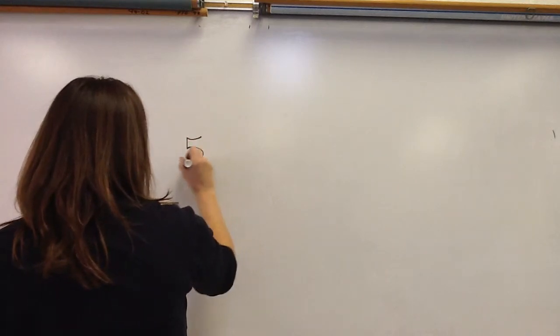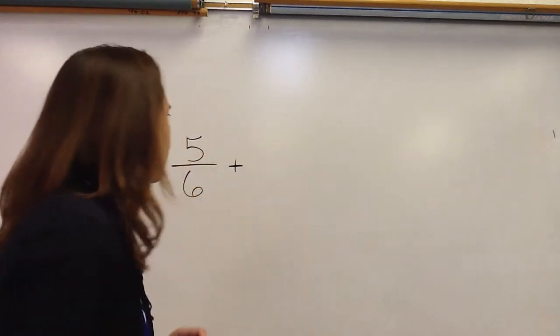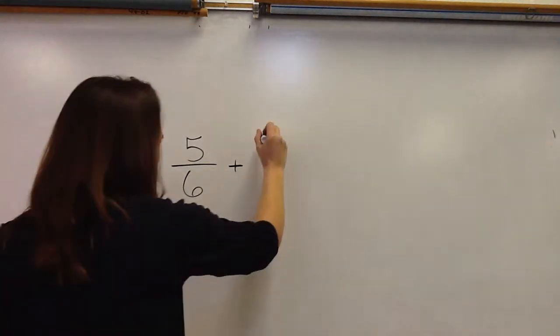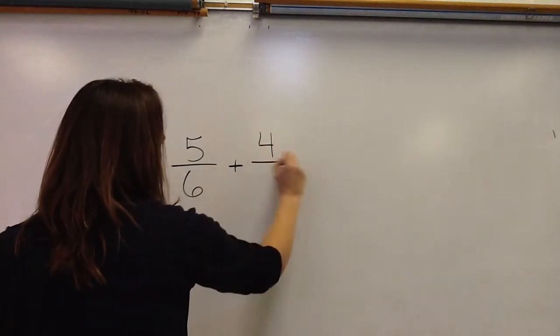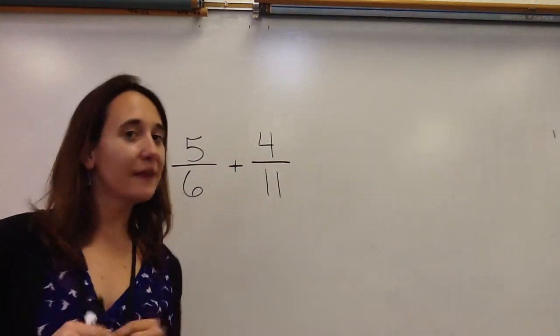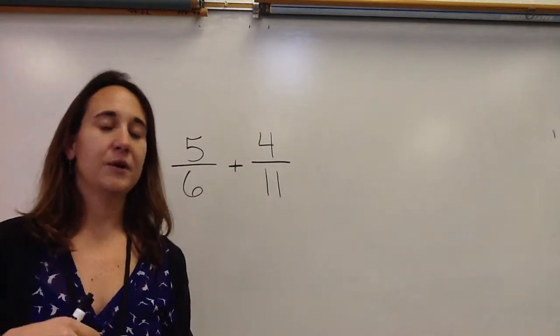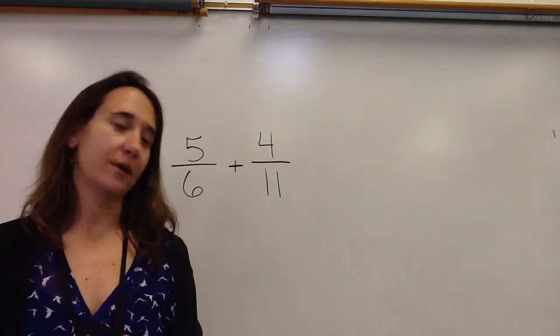All right, let's try 5/6 this time, plus 4/11ths. So go ahead and write that down and then pause it and then press play when you're ready to check and see if you got it right.